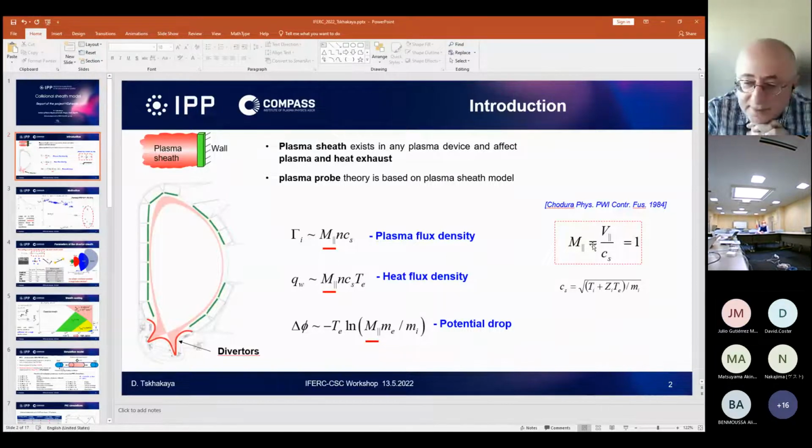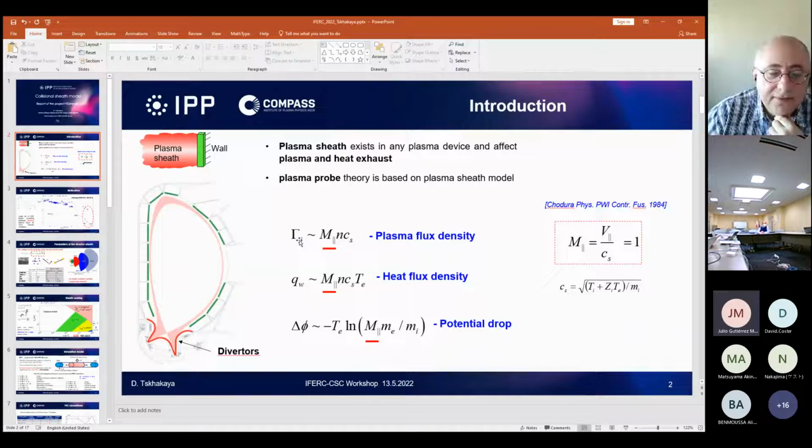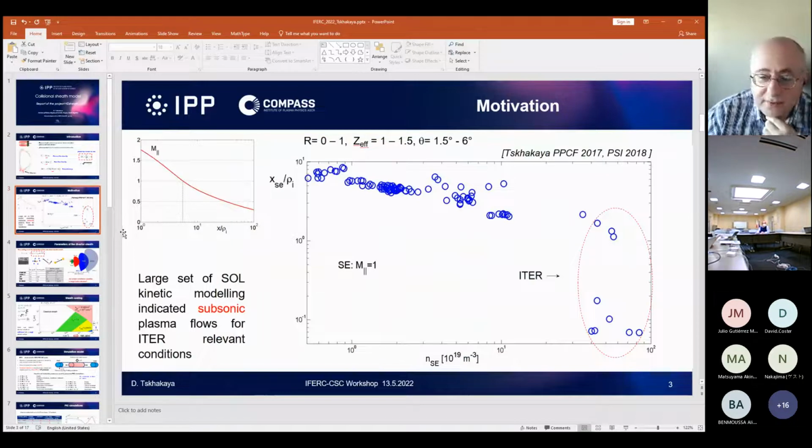Sorry for this, but let me continue and once more mention that all the important parameters which define particle and heat flux to the wall, as well as the potential drop, depend on the so-called Mach number, which in the classical model is 1. Now, we made some very precise kinetic modeling for existing machines.